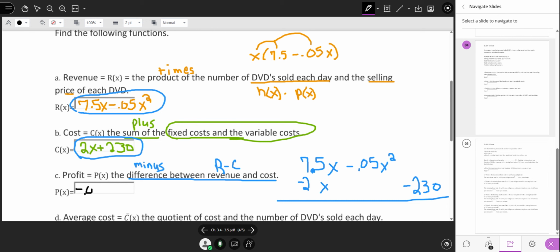So negative 0.05 x squared. 7.5 minus 2 is positive 5.5 x and minus 230. So all I did was put them in order and combine these two.